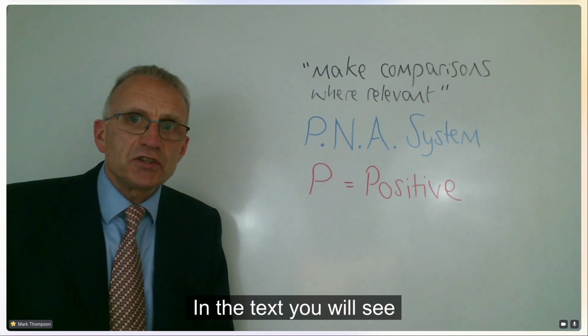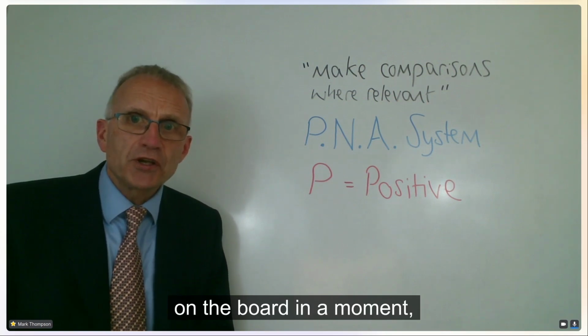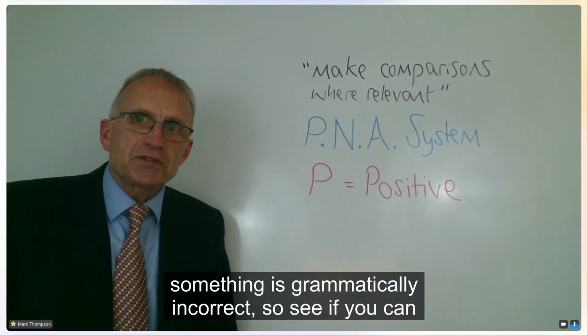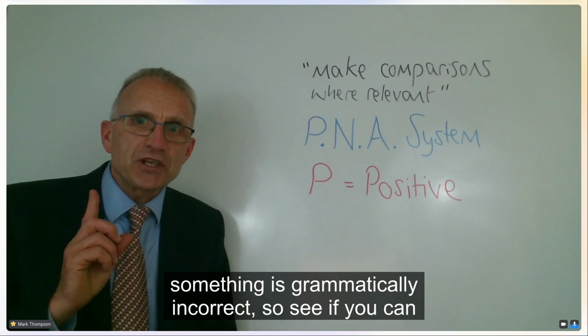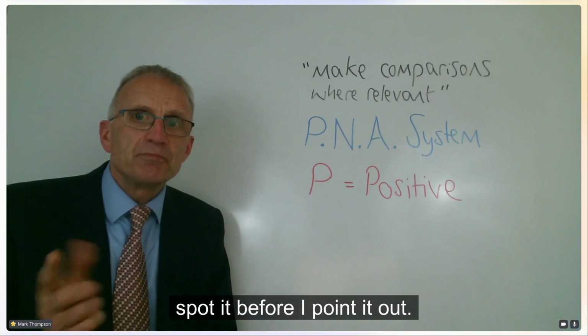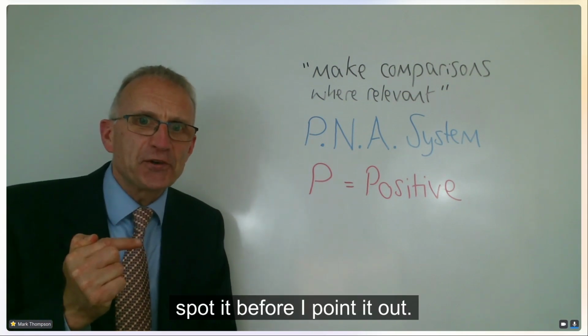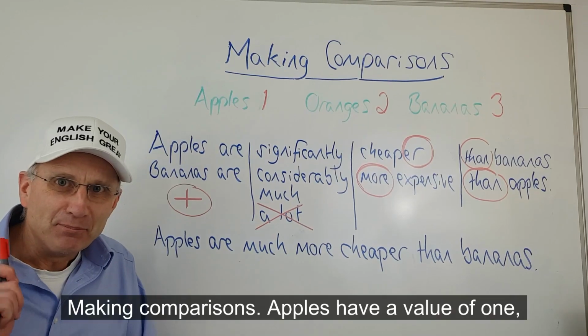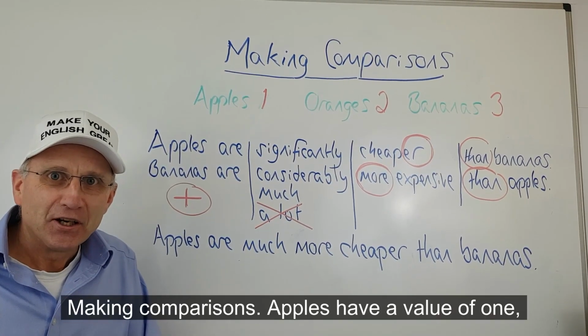In the text you will see on the board in a moment, something is grammatically incorrect. So see if you can spot it before I point it out. Making comparisons.